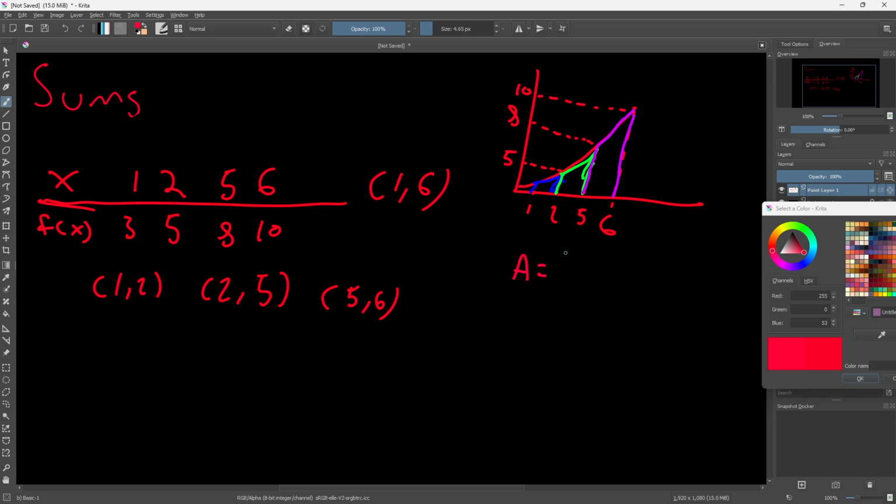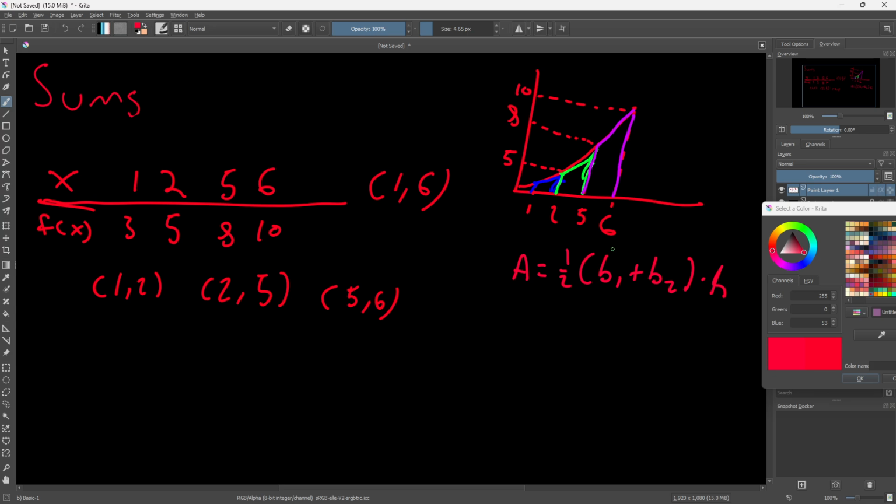Okay, and so the area of a trapezoid, I hope you remember this, is 1/2 of base 1 plus base 2 times the height of the trapezoid. So what are the bases, right? So base 1 would be the height at 1. So for this blue trapezoid, it'd be the height at 1. Base 2 would be the height at 2.